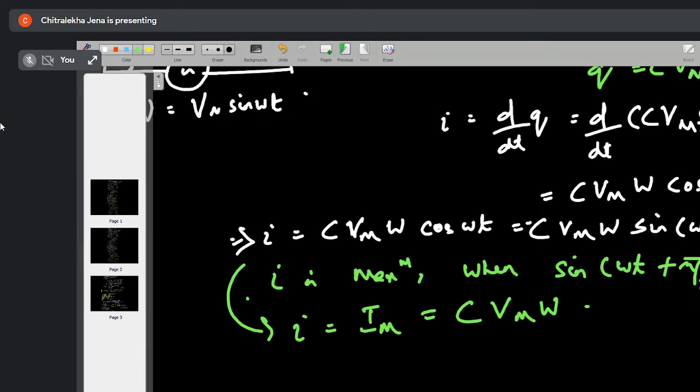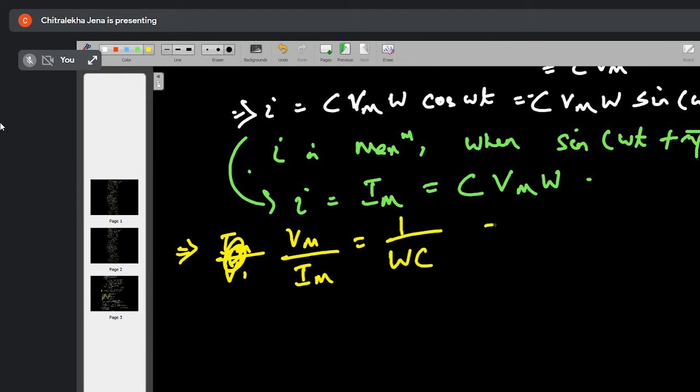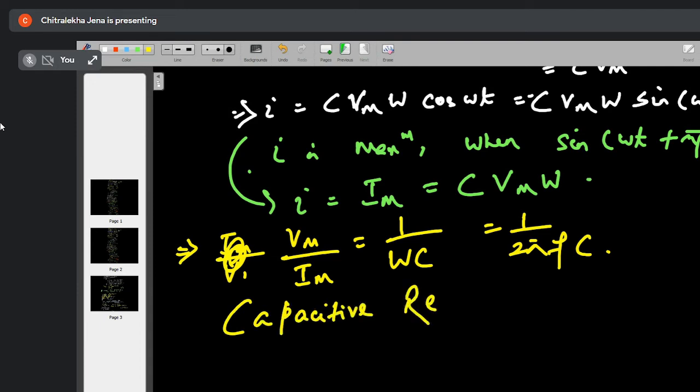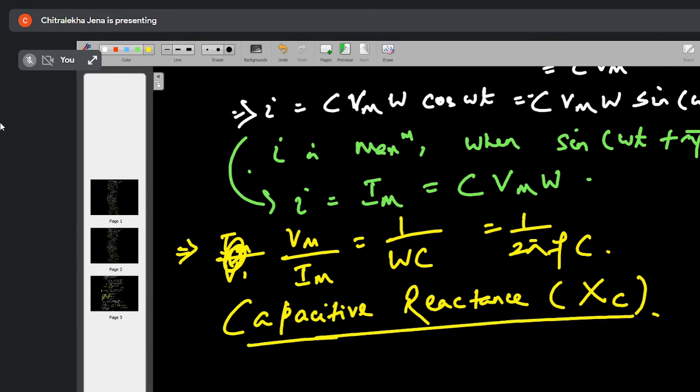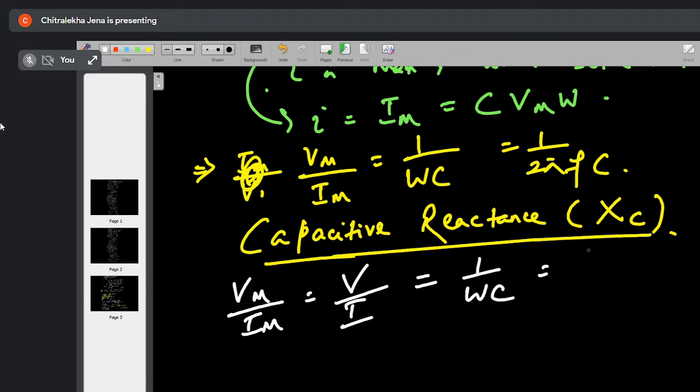Okay. So from here, Vm divided by Im will be equal to 1 by omega C, or this is equal to 1 by 2 pi f C. So here I will introduce another term called capacitive reactance, denoted as capital X with subscript C. So this Vm divided by Im, which is V divided by I, is equal to 1 by omega C, or 1 by 2 pi f C, and we call it Xc.